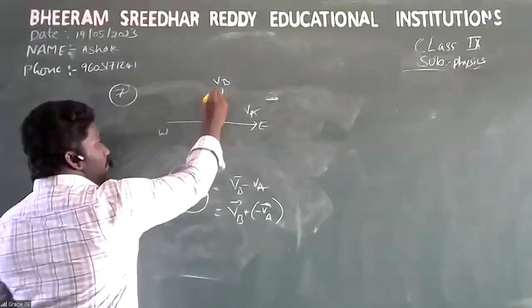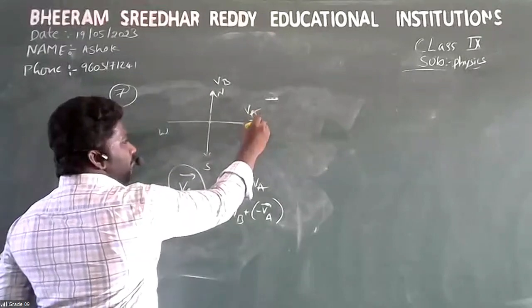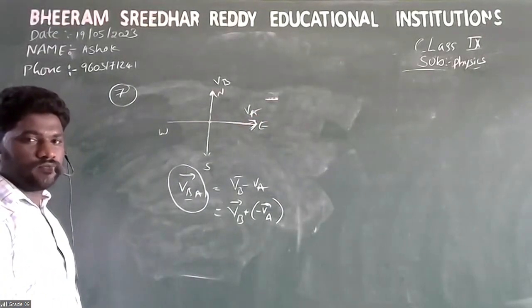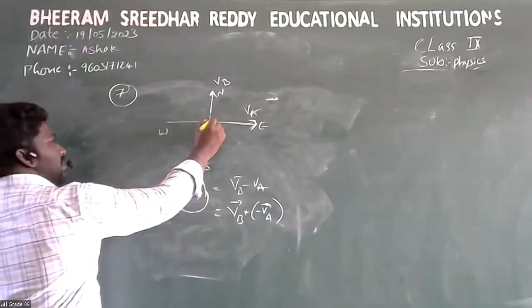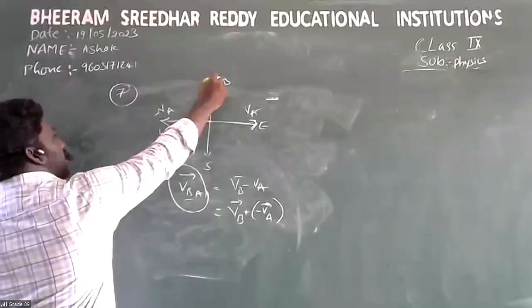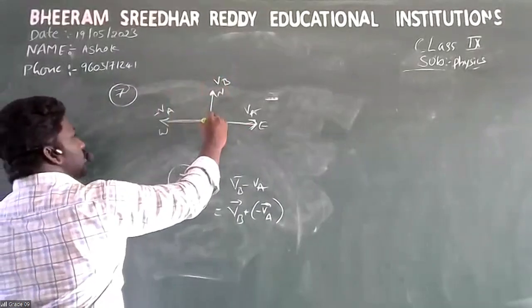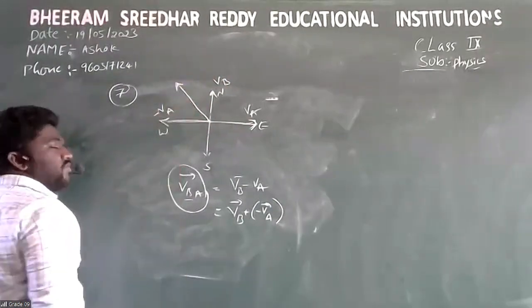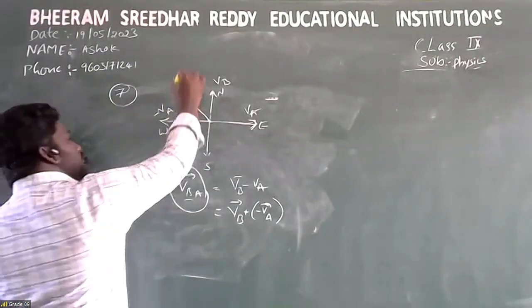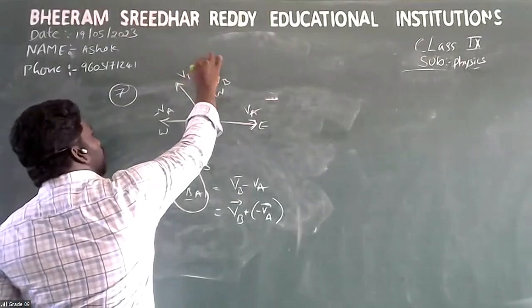It is the VB bar direction, and it is the VA bar's direction. Now, what is the direction of minus VA bar? This is the direction of minus VA bar. Now, the resultant of VB bar and minus VA bar is this direction. What is the direction of this one? Look at here, VBA.